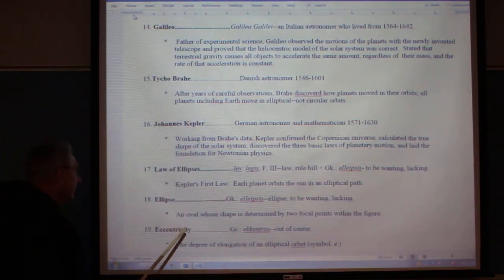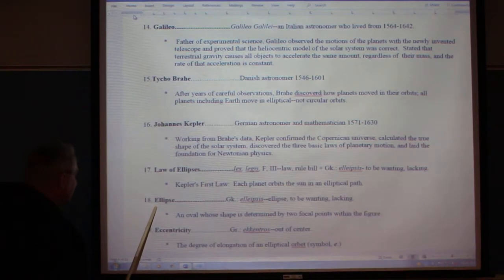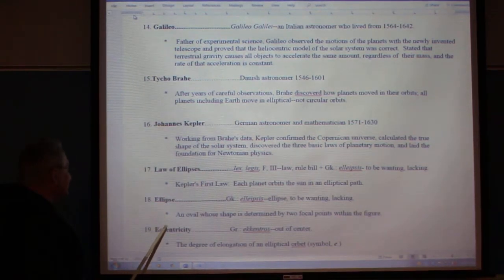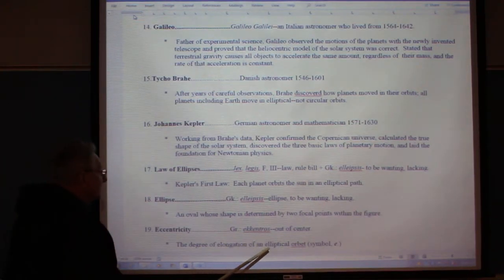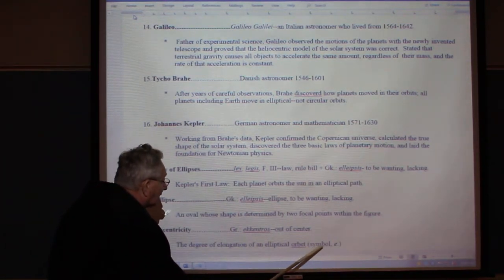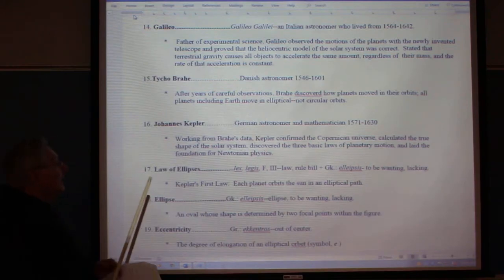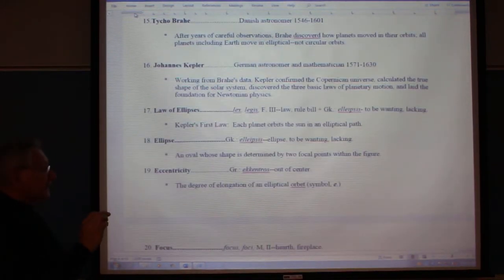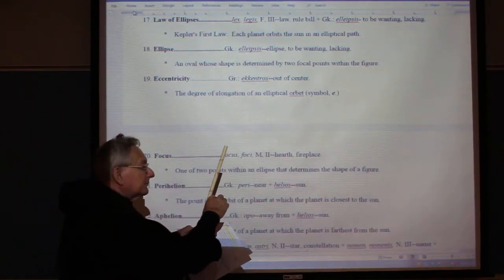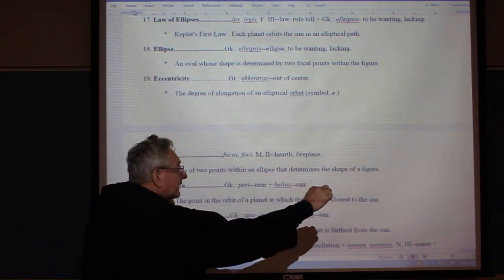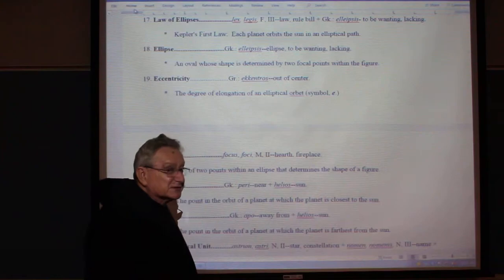Now, the ellipse has eccentricity, the degree of elongation of an elliptical orbit. The symbol is small e. If, gentlemen, the elliptical orbit is very, very pronounced, it becomes a straight line.